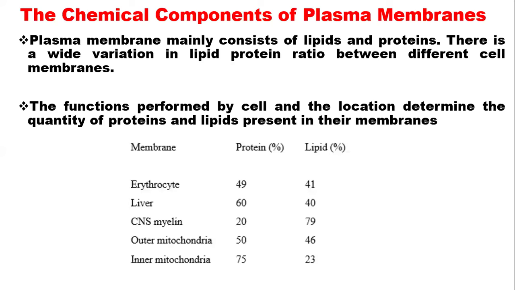There is a wide variation in lipid and protein ratio between different cells and membranes, and this is because it is a function of the location and the function of that particular cell. The function performed by the cell and the location determine the quantity of proteins and lipids present in their membrane. If you look at this table, you have the membrane and the protein in percentage.